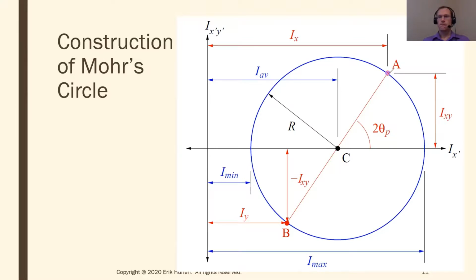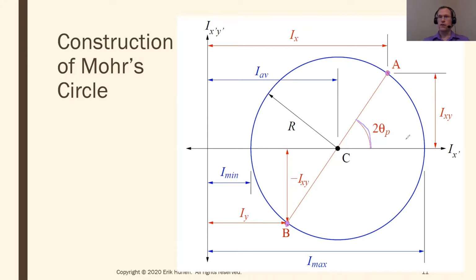So there's point A. As I said, point B is 180 degrees away, the exact opposite point. That should correspond to my original Iy value and negative Ixy. That's going to make some angle with the x-axis, which is twice the actual principal angle, so from this angle I can find my principal angle.